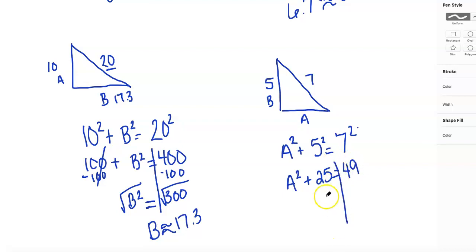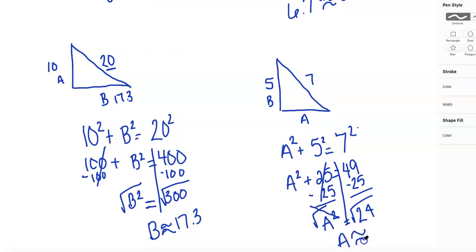Again, one-step equation here, guys. Subtract 25 from both sides. That cancels out. You have A squared equal to 49 minus 25, which is 24. I know that 7 is my C, so 24 does not make sense there. It's too big. That tells me I didn't do something. Got to come down, finish it out, take the square root of A. Again, those cancel each other out.